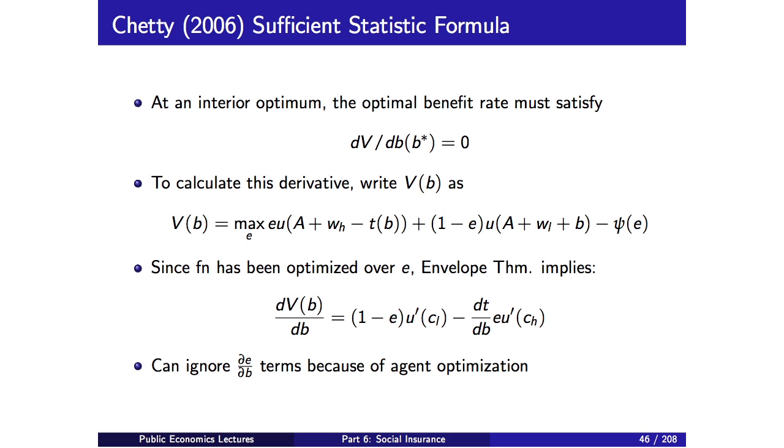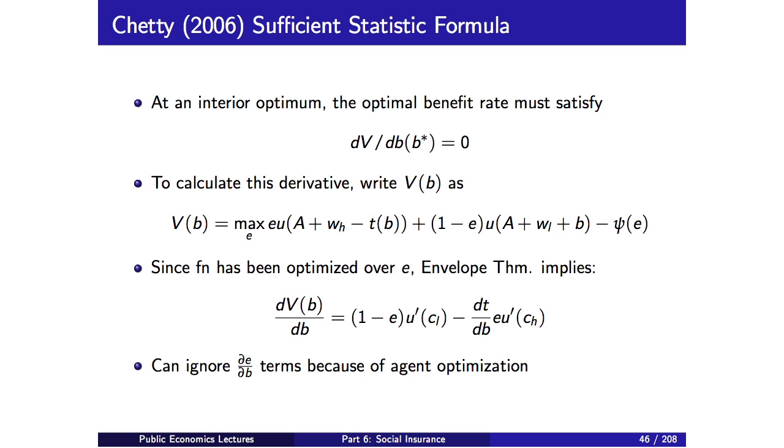Previously I was writing v of t comma b, subject to the resource constraint, but we know that the resource constraint is going to one-for-one pin down tax rates when I have a benefit level. So I can just write t of b. Given a b, there's going to be a t that's implied by the government budget constraint. Then I can reduce the government's problem to picking this one benefit level, because the tax is going to be automatically implied by that.